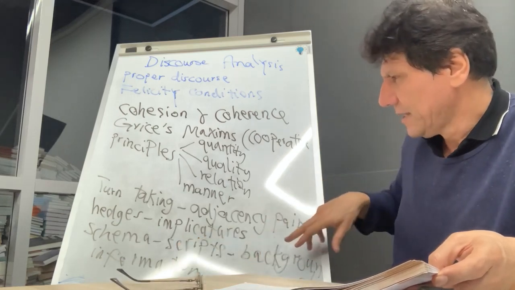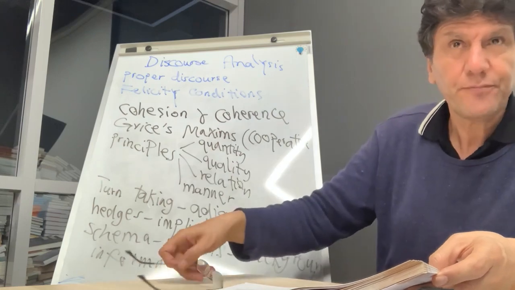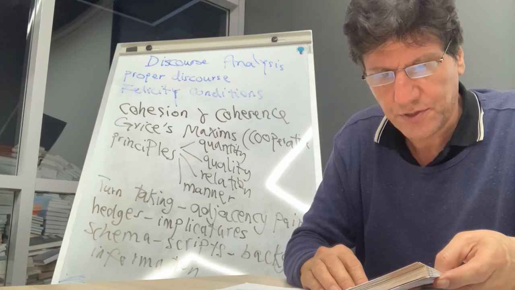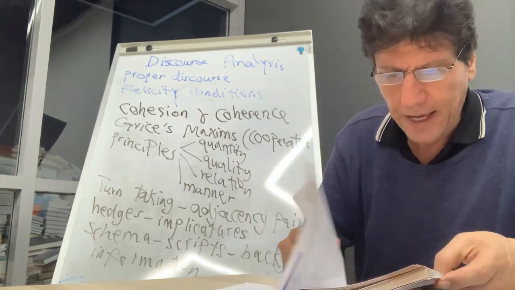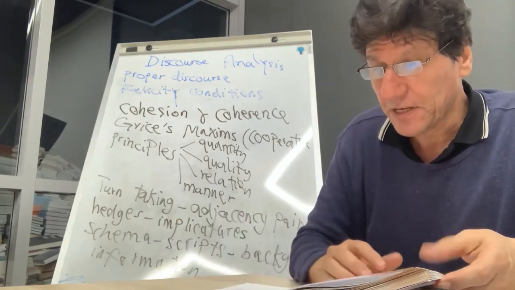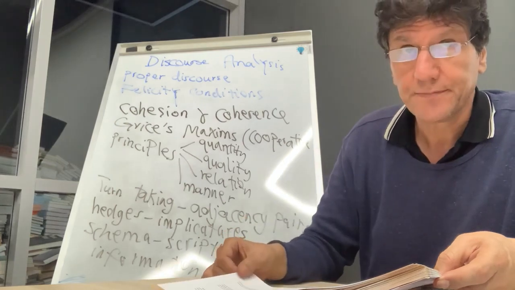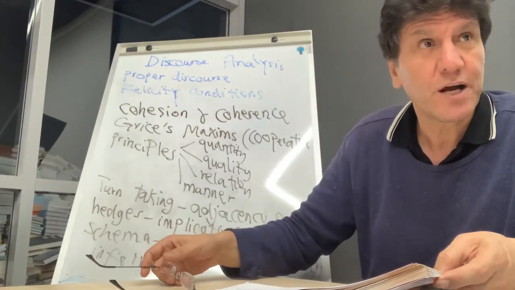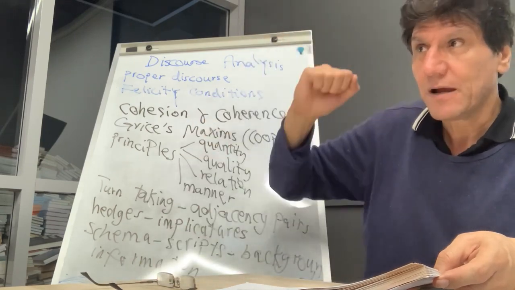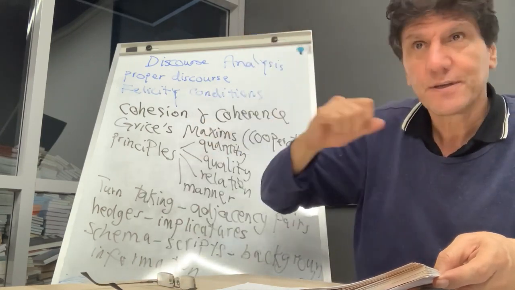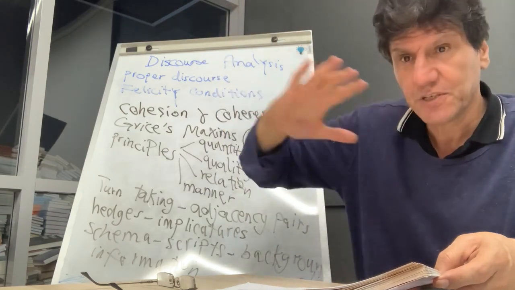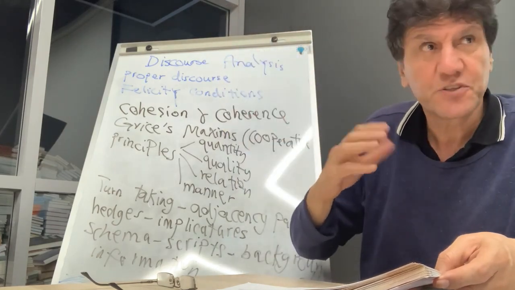The next one, hedges. Hedges are also very important in discourse. Hedges are especially important when you are talking to somebody who has higher power, higher education, is older than you, is your teacher, university chancellor, somebody very significant.